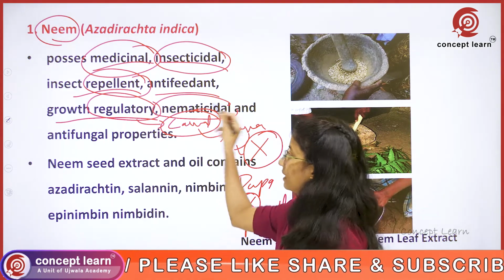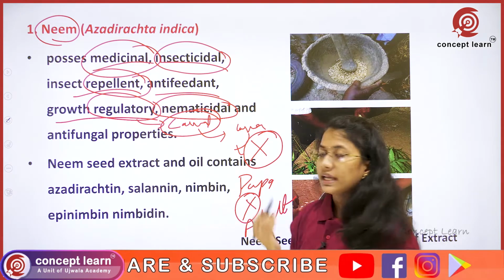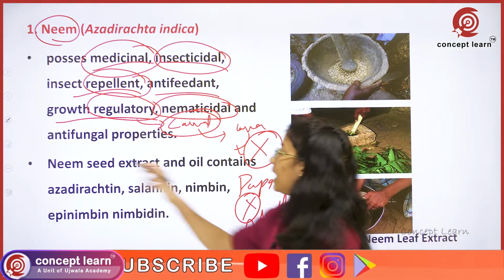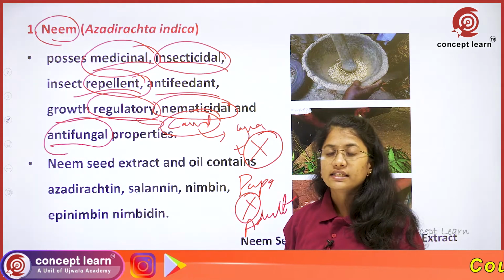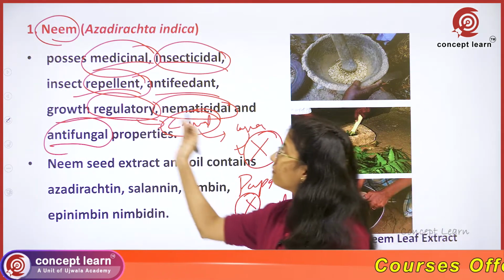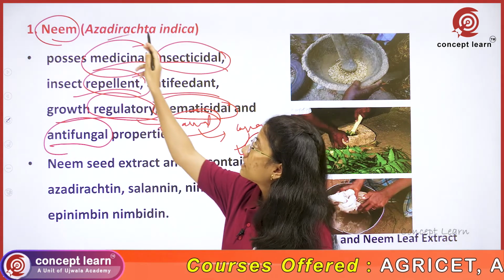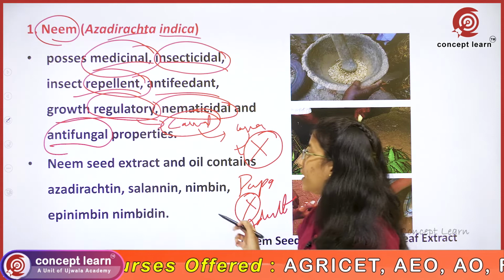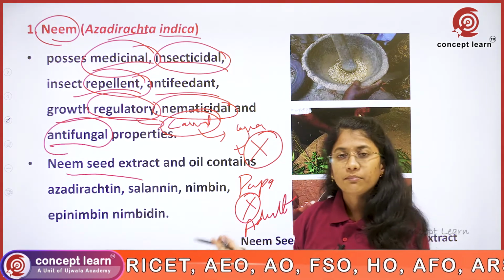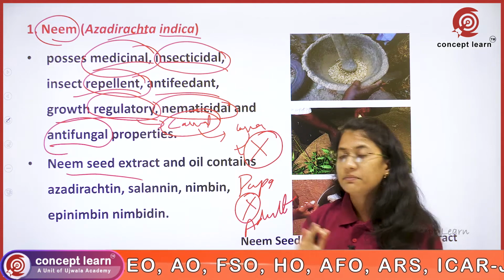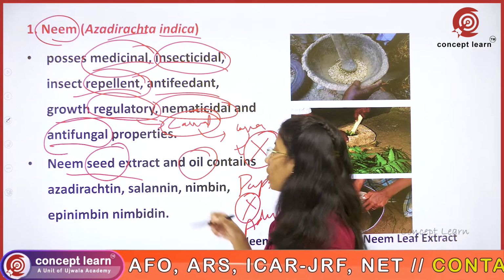And nematicidal: neem products can also be used as a killing agent of nematodes, and they possess antifungal properties. Even fungal diseases can be prevented with the use of these neem products, from Azadirachta indica. Most of the beneficial compounds from neem are extracted from its seed and oil.